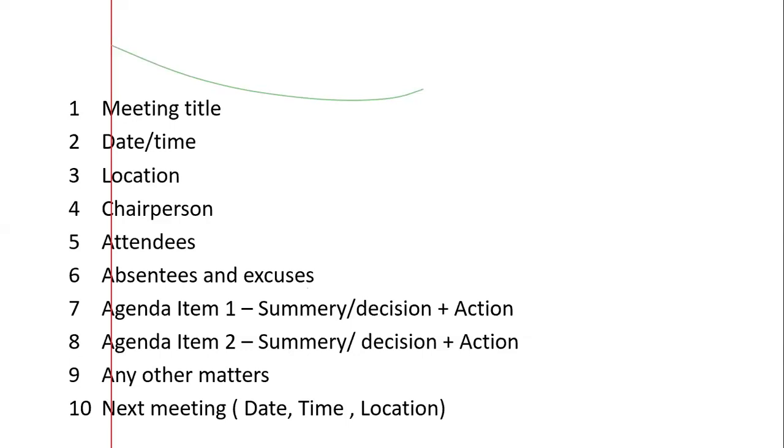Then below, take this note, below the next meeting date, you can have a small line across the paper, and there can be 2 signatures. One is the name of the person who has taken minutes during the meeting. Let's say Miss Janaki Veerasurya, management assistant, the person who has taken the meeting minutes. The second one, once the meeting minutes are printed, there should be a responsible person to approve the minutes.